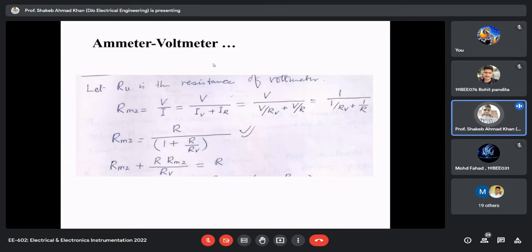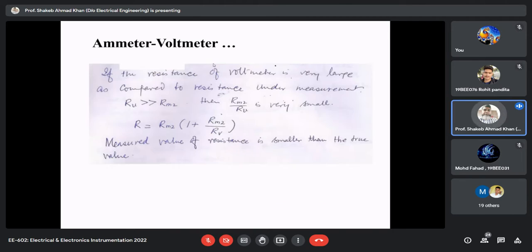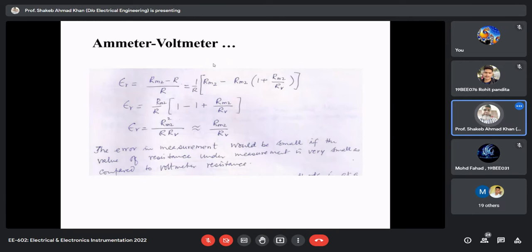And then we analyzed the circuit and expressions. In this case, we found that the measured value of the resistance is less than the true value, unlike the previous circuit configuration. And the relative error we found ultimately is the unknown resistance divided by the voltmeter resistance.